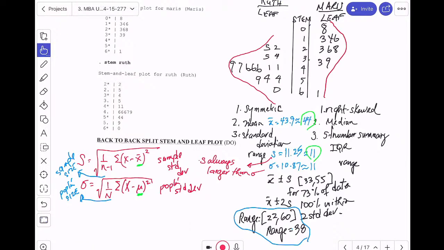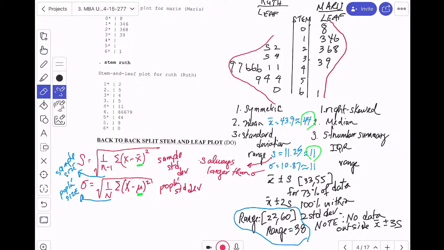Okay, so I'm going to mention there's no outliers for Ruth, because when there's no data outside of 3 standard deviations, there's no outliers.